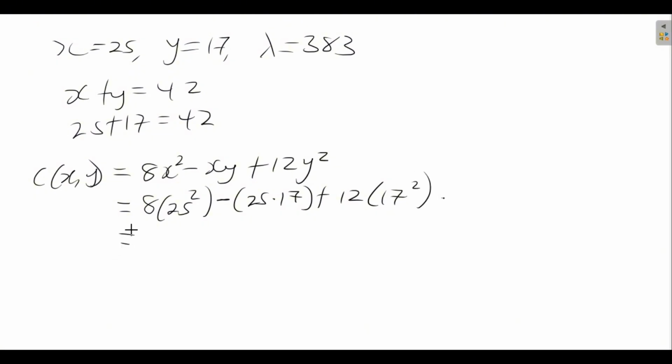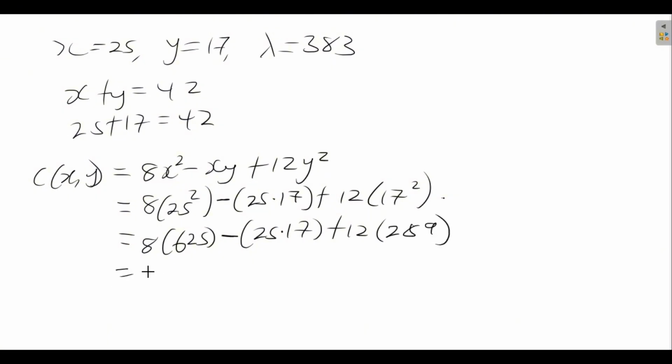So we quickly need to solve this simple equation. Now what is 25 squared? Of course 25 squared will be 625. So we have 8 multiplying 625 minus 25 times 17 plus 12. Now what is 17 squared? 17 squared is going to give us 289.